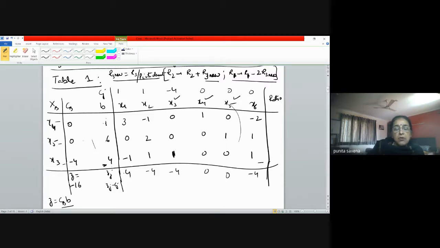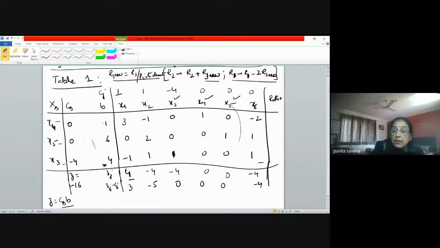Okay. Now compute your Zj minus Cjs. What is it? 3, 4 minus 1. 4, this Zj minus Cj. That's why I write Cjs here. Okay. Then it will be -5, 0, 0, 0, -4.